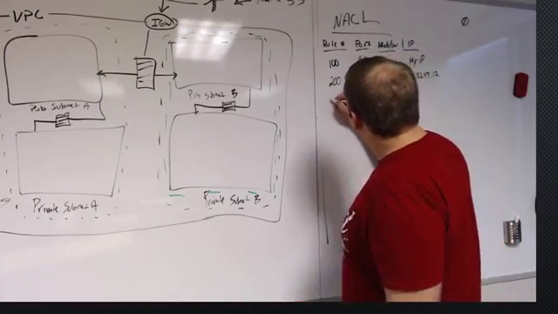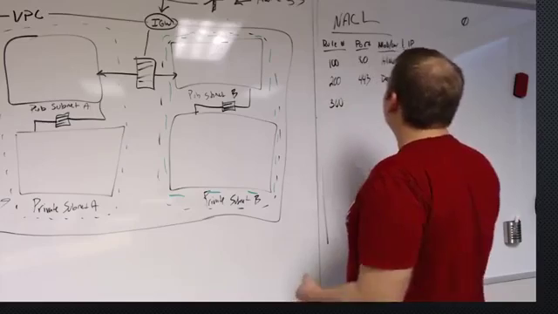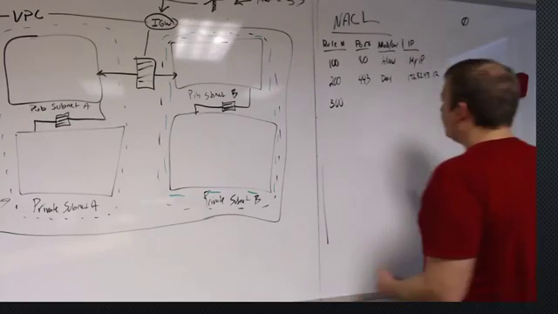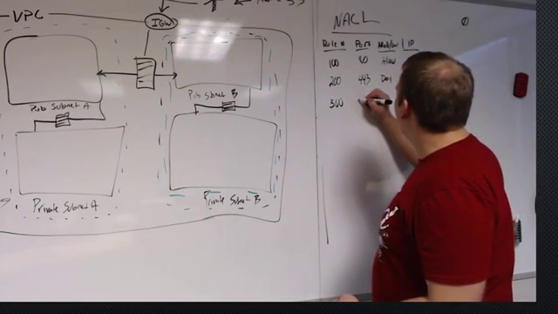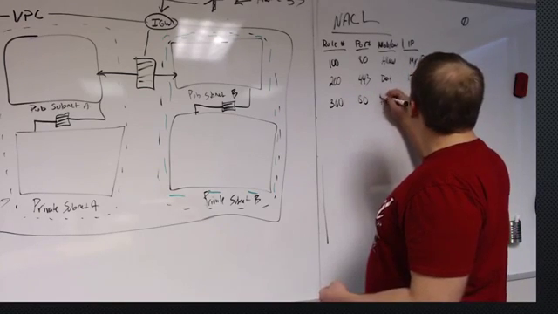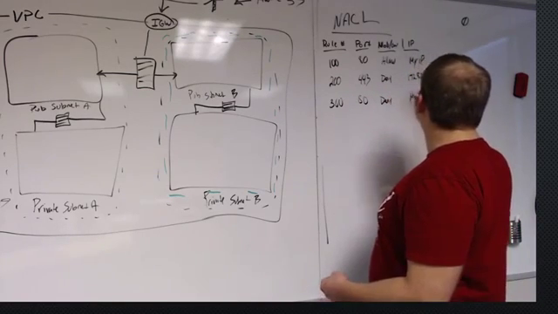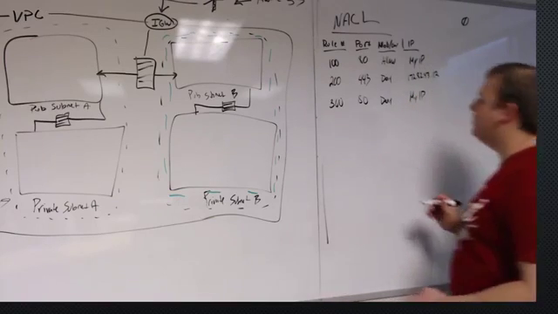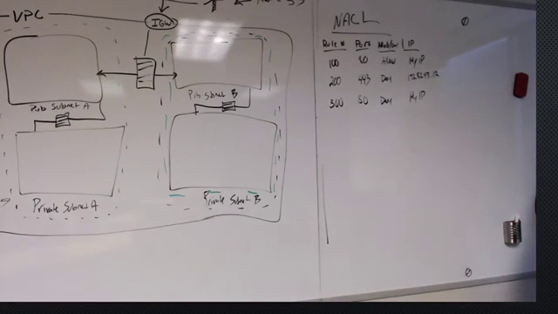Now, let's go to rule 300. Let's say I have a rule for port 80, and I might accidentally put this in for my IP. Now I have a clash of rules. On rule 100 for port 80, I'm allowed.